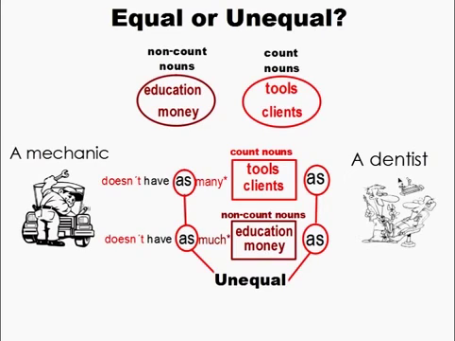The dentist wins, right? Or a mechanic doesn't have as much education as a dentist. Or a mechanic doesn't have as much money as a dentist. Again, so they are not equal if I say doesn't have as much, or they're not equal if I say doesn't have as many. But remember, I need to use many for count nouns and much for the non-count nouns. Good.